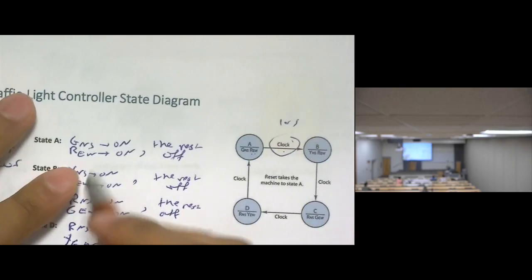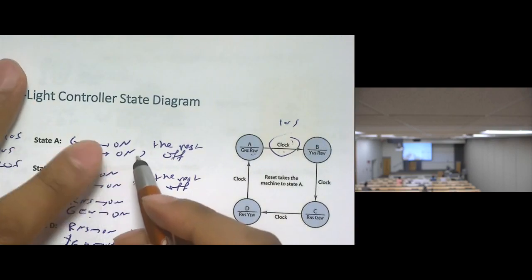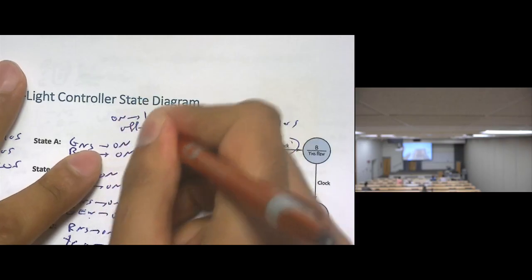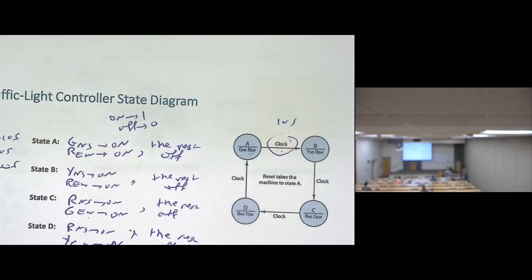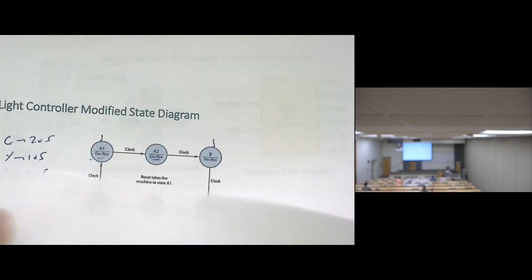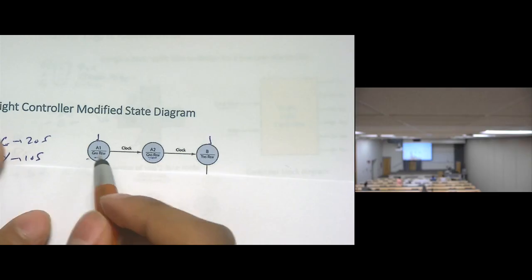Now, let's call this state. When the green is on or red is on, we will replace on by 1, and we will replace off by 0. Okay? Can we write them into a state table? Yes. Let's try to make a state table for this part, for the new one. The first state, let's assume it's state A, A1.